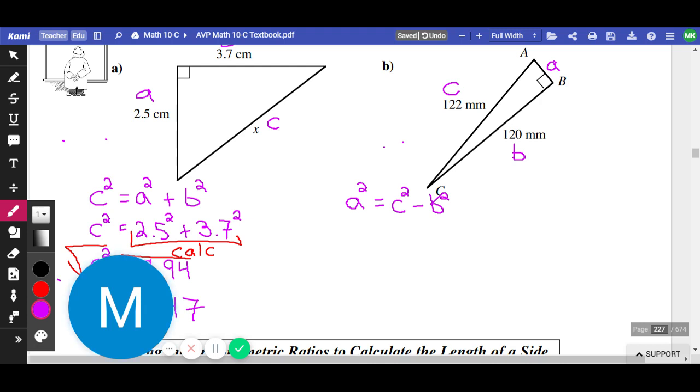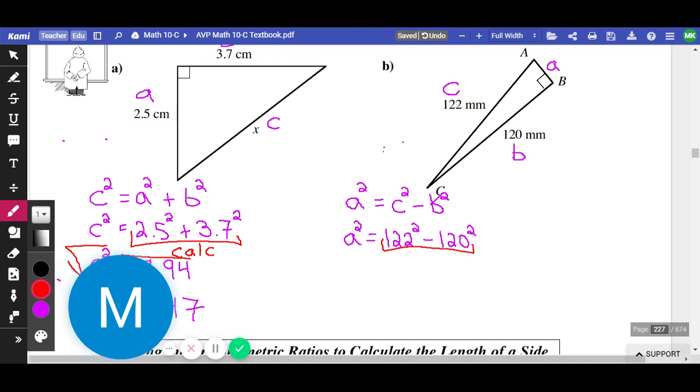You look up here, you plug in your numbers. C is 122, B is 120. So you should have A squared equals 122 squared minus 120 squared. Again, you calculate that part, right? So calculate this.